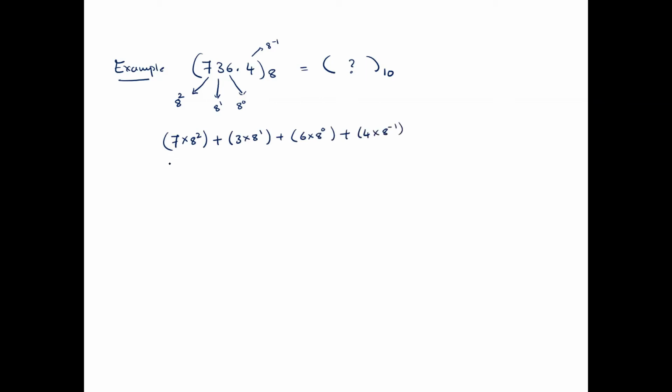Now simplify this: 7 into 64 plus 3 into 8 plus 6 into 1 plus 4 divided by 8. 8 raised to minus 1 means divided by 8. Then if you add everything together, it turns out to be 478.5, and this number will be in the decimal number system.